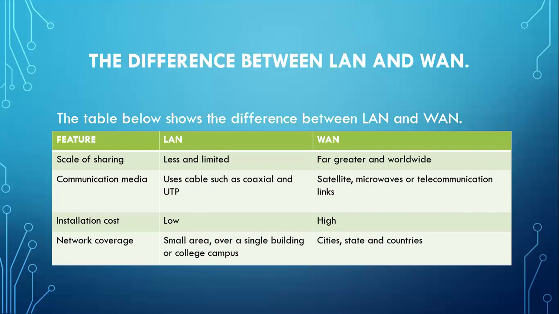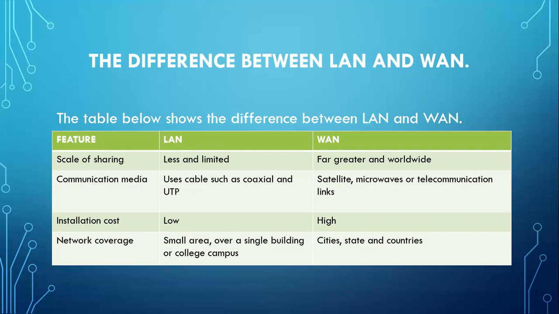Now let's see the difference between the local area network and the wide area network. The table below shows the difference between the LAN and the WAN. The difference is based on various features, starting with the first one, the scale of sharing. In terms of scale of sharing, the LAN is less and limited.